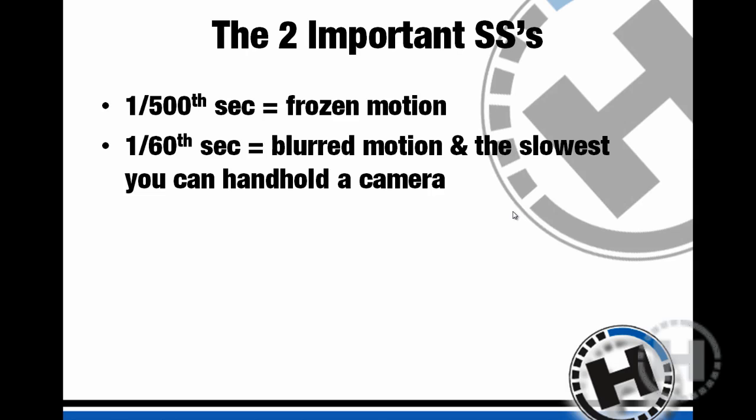The other one is 1/60th of a second. This is our starting point for blurring motion, and it is also the slowest that you can handhold a camera. You cannot physically handhold a camera with any shutter speed slower than that, otherwise you are going to get a little bit of camera shake in your images. The reason for this is you need to understand that there's a lot going on in your body.